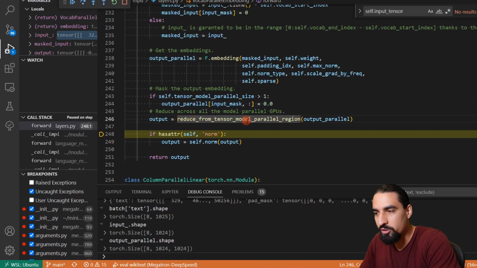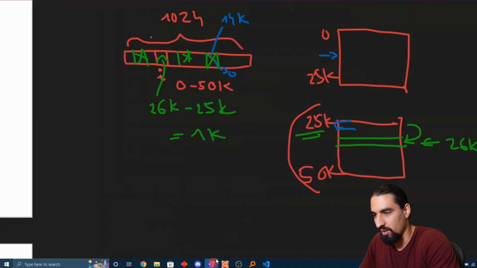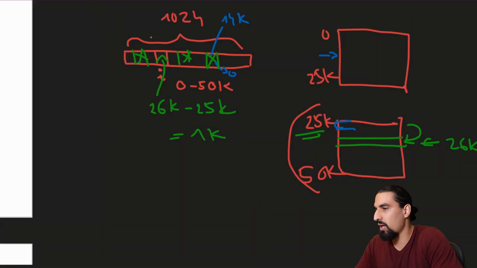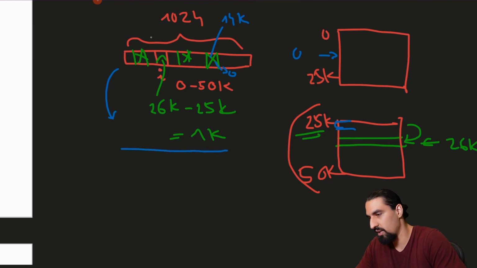And then what the all reduce does is the following. Basically, this device mapped this set of tokens into a bunch of embedding vectors.